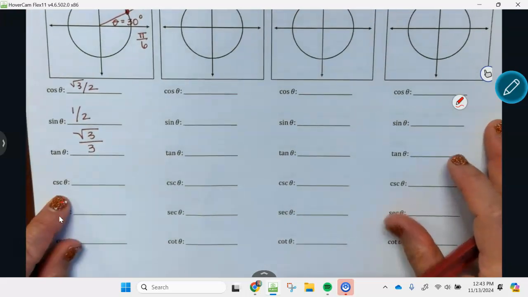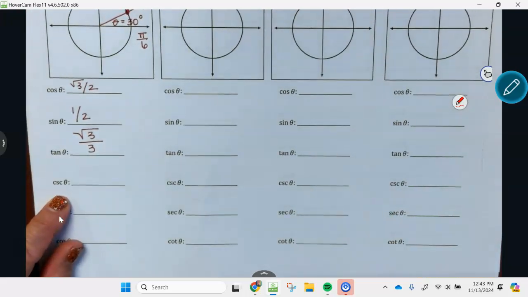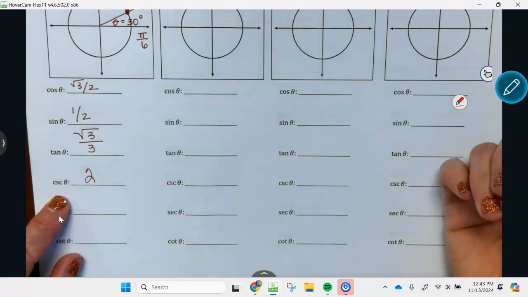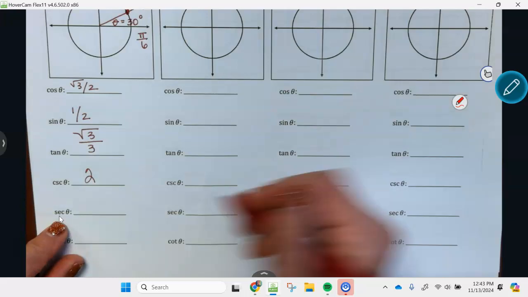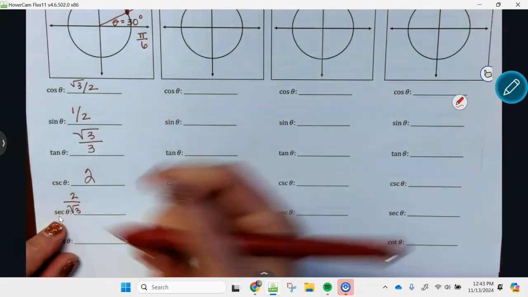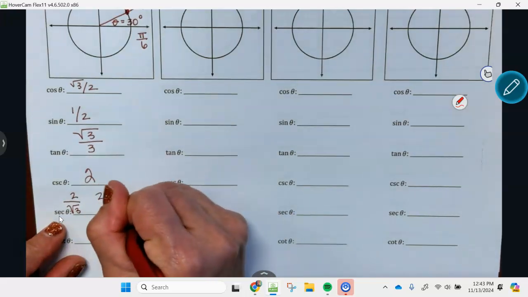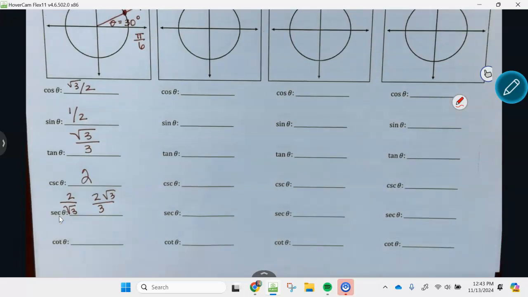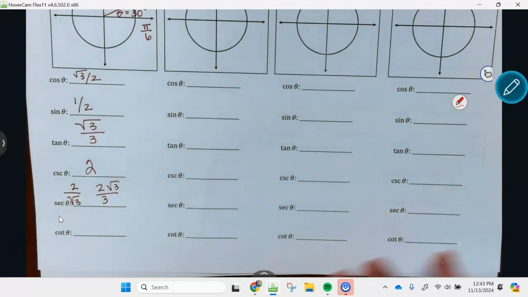Cosecant. For cosecant, we are going to flip sine upside down. That's so easy. That's just a 2. For secant, we're going to have to rationalize. So this is 2 over √3. Let's rationalize that. That's going to be 2√3 over 3. And then cotangent. Again, I got you for cotangent. I'll work this out for you. Remember, cotangent is x divided by y.